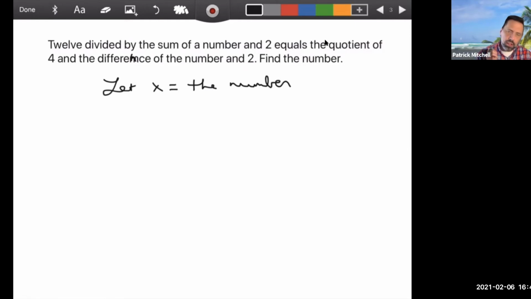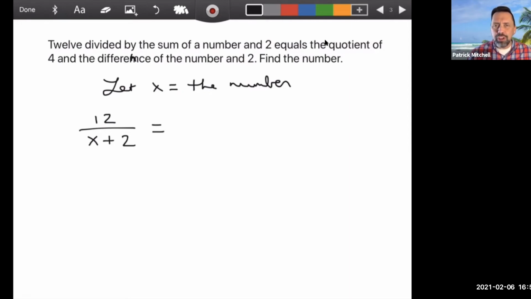Let's try to translate these words into math symbols. 12 divided by the sum of a number and 2. I'm sure you know that sum means add, right? So if you're dividing 12 by the sum of a number and 2, that's going to look like this, equals the quotient.